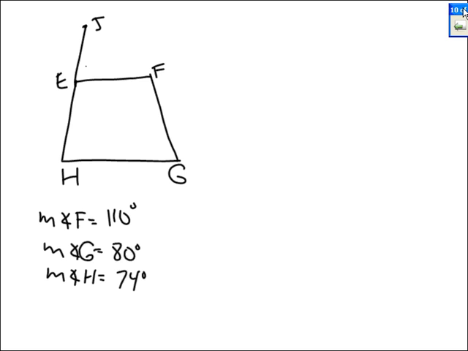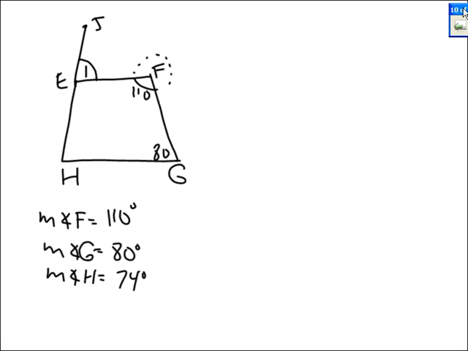Well, actually, let's change it. What's the measure of that angle? When they say F, they mean that angle. Otherwise, you couldn't do it. When they talk about angle G being 80, they mean this one.